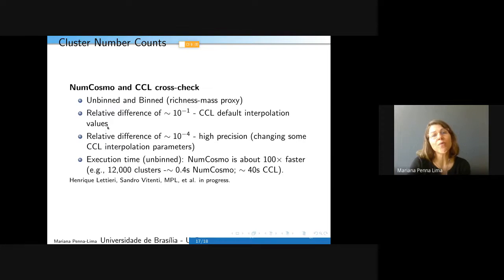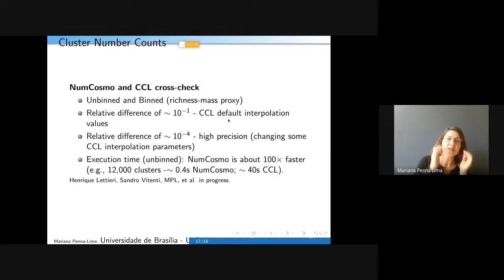And for this, we obtain a relative difference in the number density, actually the final result, for example, we are considering a catalog with 12,000 clusters, and we are building this likelihood, and the relative difference that we obtain is 10 to minus 1 in the mass function if we use CCL with the default interpolation values.